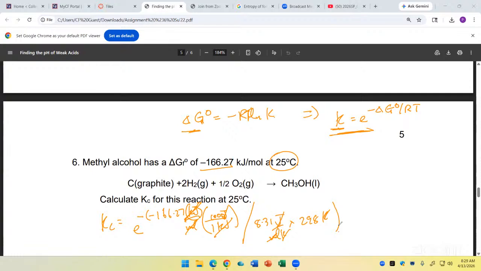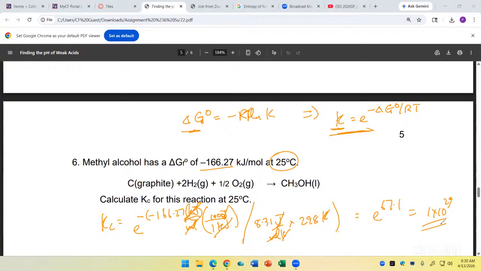I think I did this math already, and according to my calculation, this works out to be equal to e to the 67.1, which works out to 1 times 10 to the 29, according to my calculation. So that's basically how that is done.